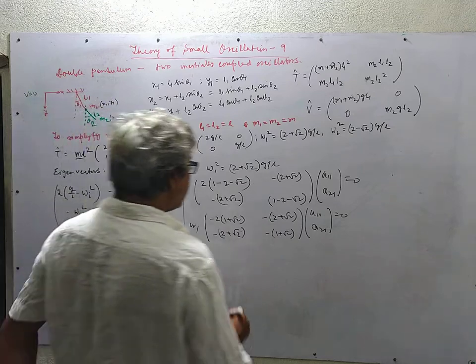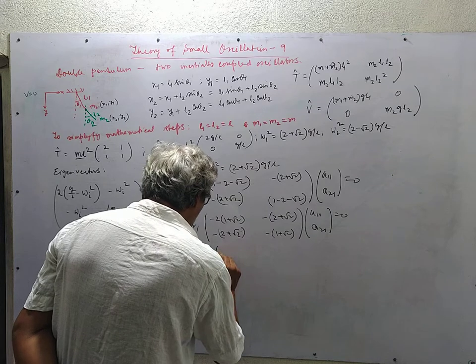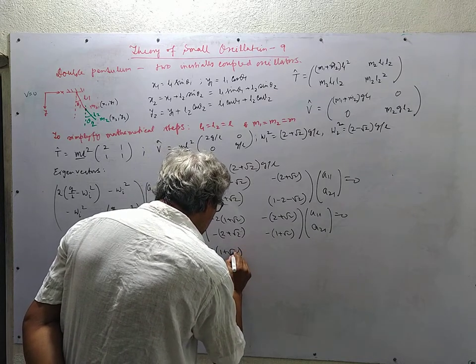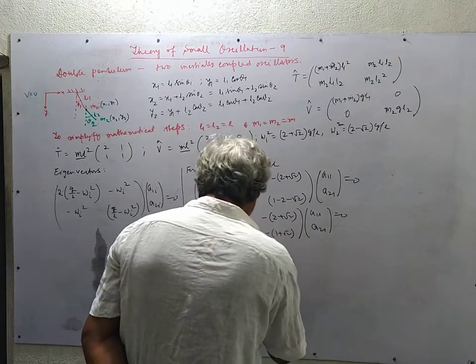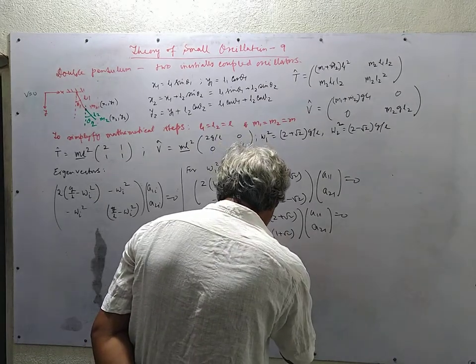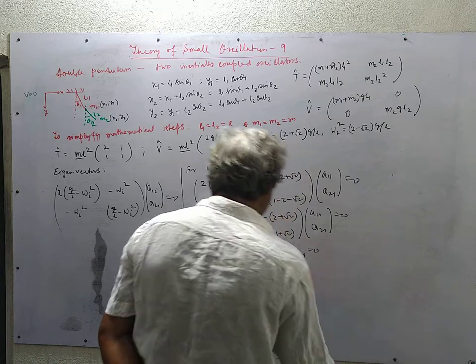Or we have minus 2 (1 plus root 2) a11 minus a21 is equal to 0.